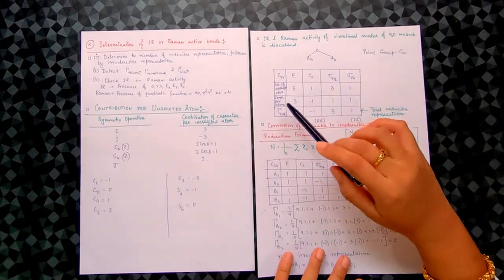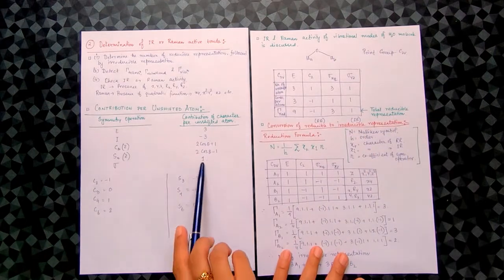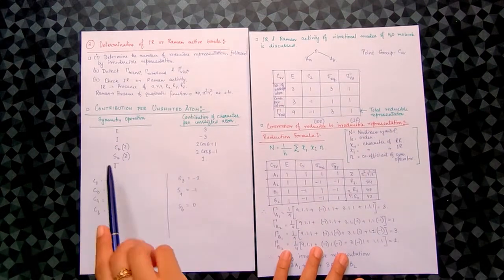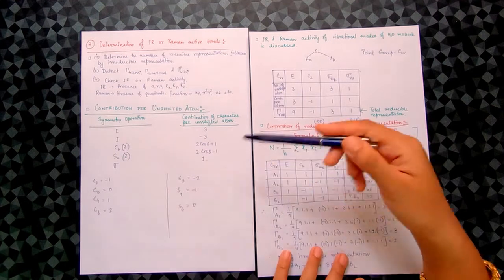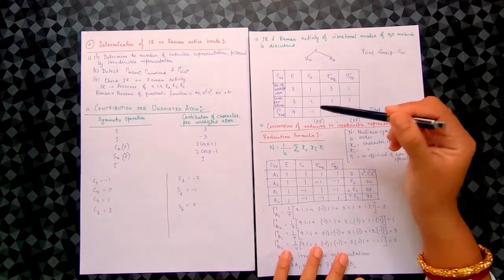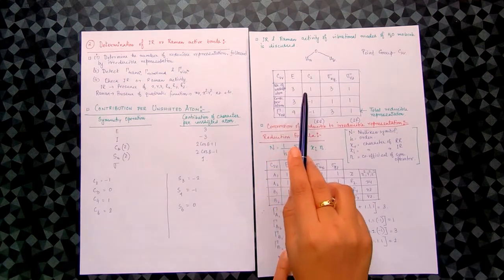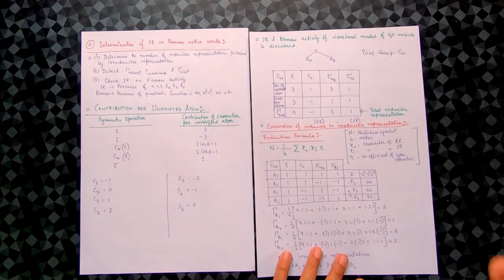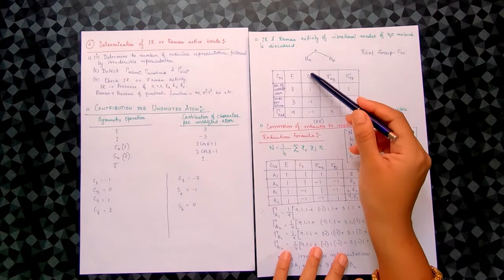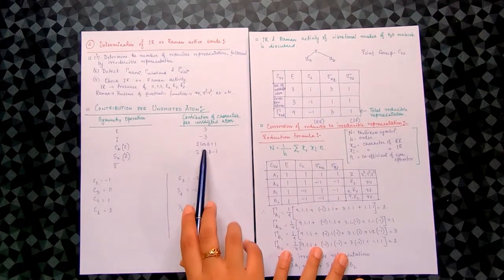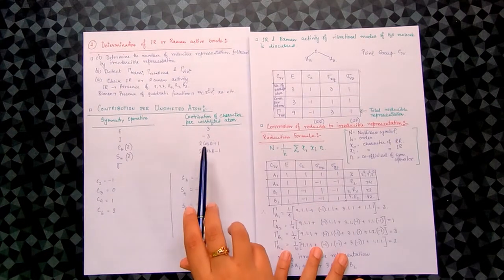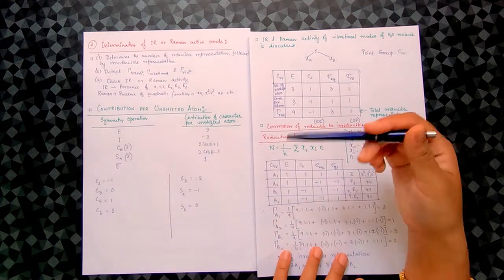Next one is contribution per atom. Previously I have already given you a table from where we can get the contribution per atom. So these are the numbers I have to write. Only one thing is not known that we have to calculate, that is for C2. The formula is given, 2 cos theta plus 1.